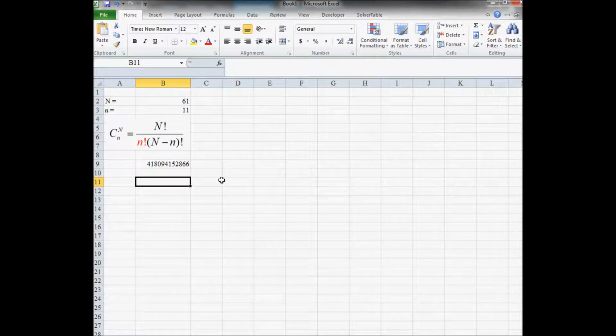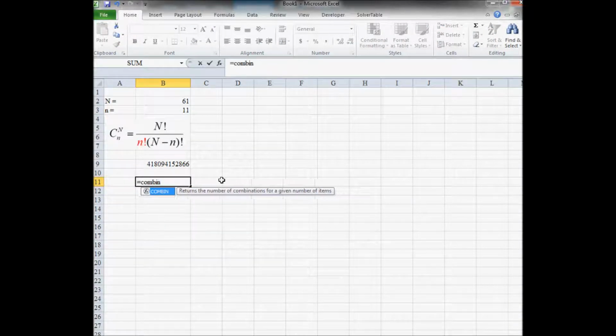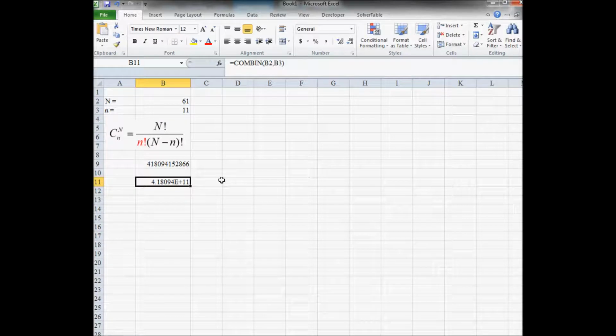Another way to do it is to use the combinations function in Excel, and that's equal combin, and then the first number is the larger of the two, the population size. The second number is the sample size, and you should get the same thing, which we do. After I format it, we'll see that it's the same number. I'm going to copy that and paste that into Cengage now.